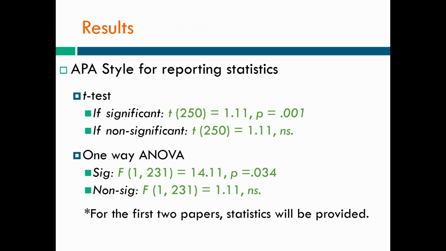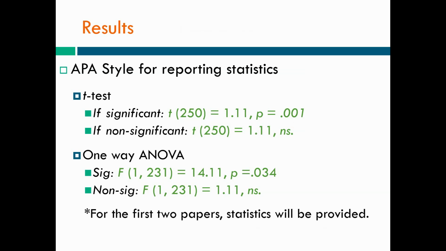It's not important for you now to know exactly what the numbers mean or what they don't mean. Just pay attention to the formatting. So it's the t followed by the degrees of freedom, followed by the t-value, comma, the p-value. As long as you know that things go in that order, that's all you should know for now. Later, we'll talk about what the numbers mean, what the p-value means, and so on and so forth, okay?